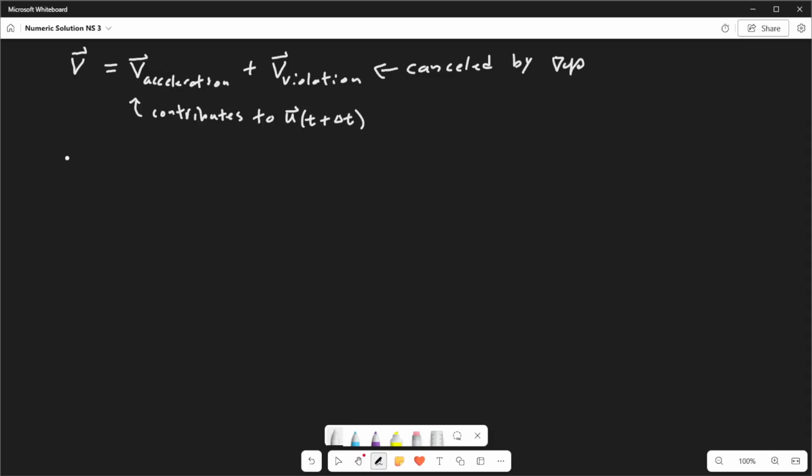So writing this out in terms of W, W equals the U vector at T, the way I defined it, plus V. Writing this all the way out, V vector acceleration plus V vector violation.